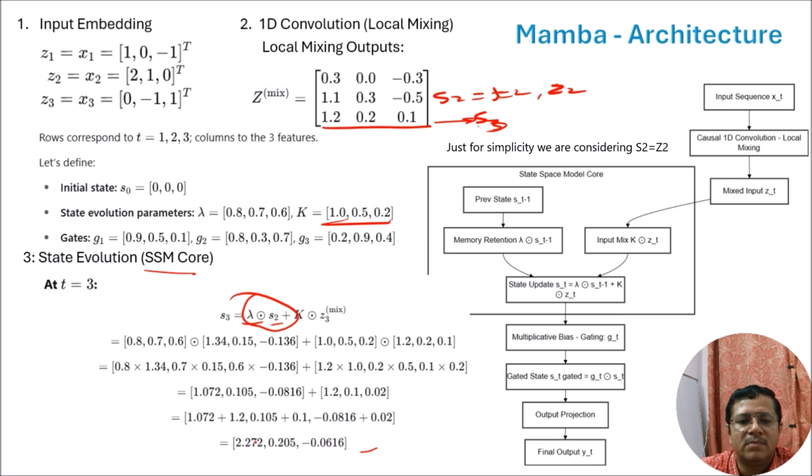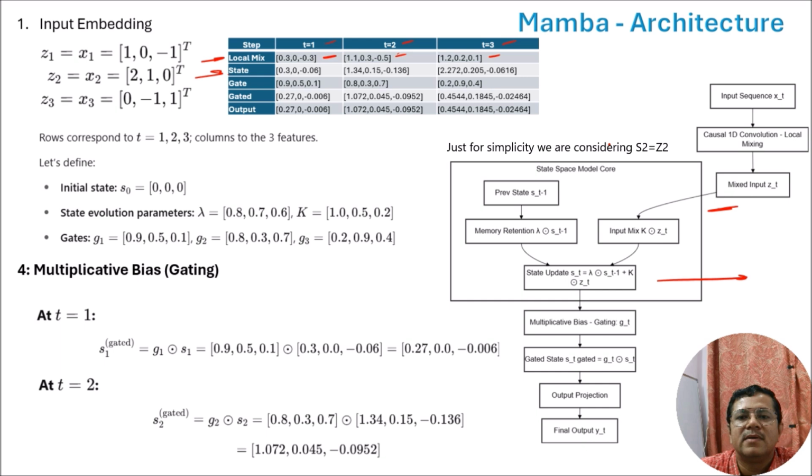Like here we got 0.2, 0.272, 0.205 like that. So this is the state output, and after that we are using some multiplicative bias gate that we already discussed. This is a perceptron architecture with sigmoid activation.